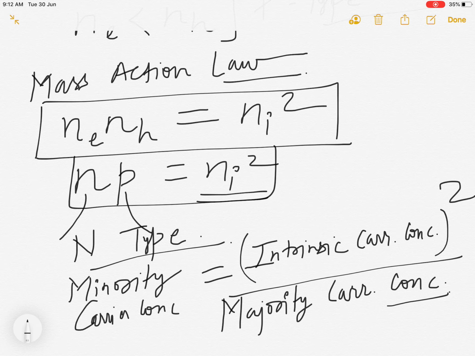So I hope you have understood the equilibrium carrier concentration.